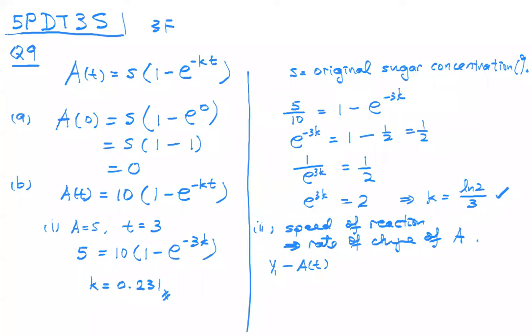I key into y1 this one: 10 times (1 minus e to the power of negative... If you find that keying in is very troublesome, you can just key in negative 0.231 times x. Close. Then your y2 is this, am I right?